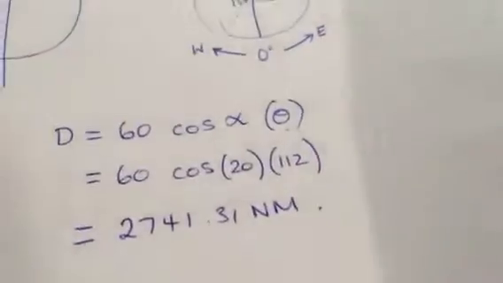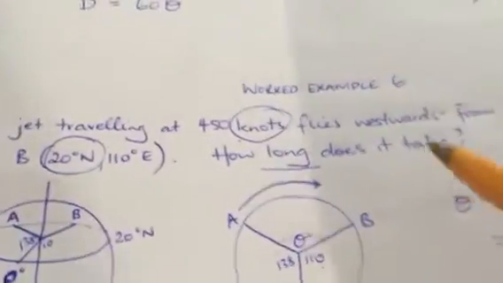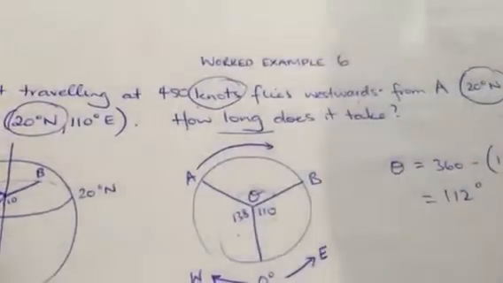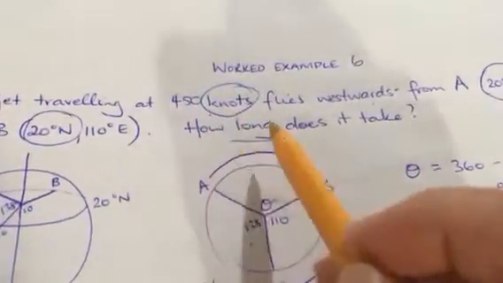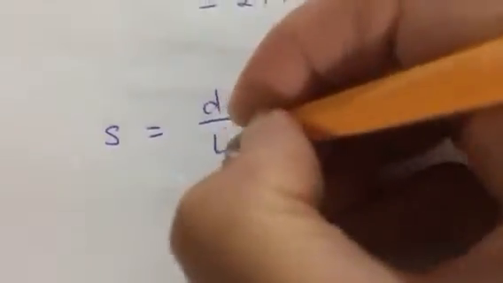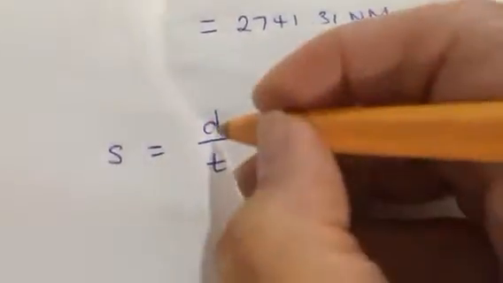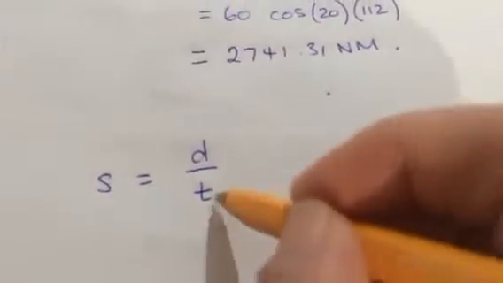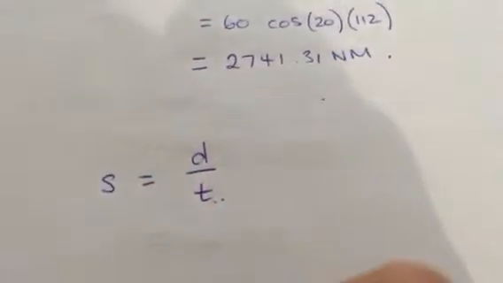So we've got a distance. What do I need? The question says, how long does it take? So I want time. I've got speed, I've got distance. We know that speed is equal to distance over time. I think you've learnt that in Year 10 Science, or hopefully you understand the concept. If I want to get time on its own, I need to rearrange the formula.